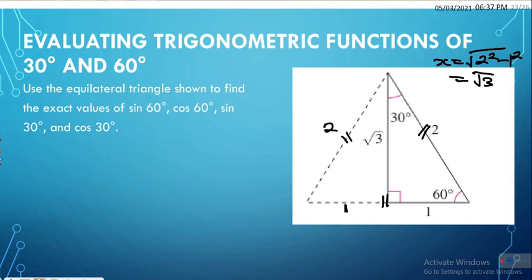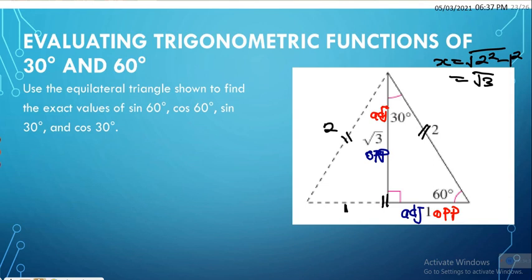So that is how the height is obtained to be root 3. So we can find the opposite of 30. This is the opposite of 30. This is the adjacent of 30. And for 60, this is the opposite of 60, and this is the adjacent of 60. So let's start from 30 degree.